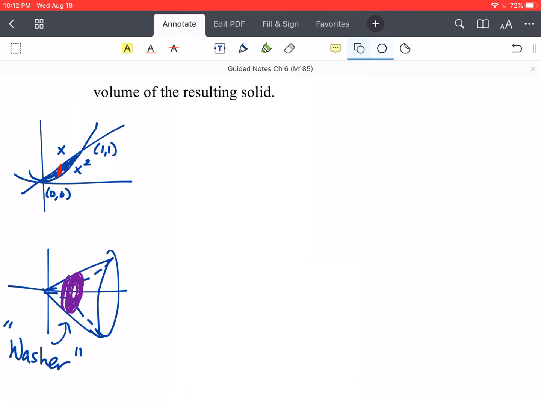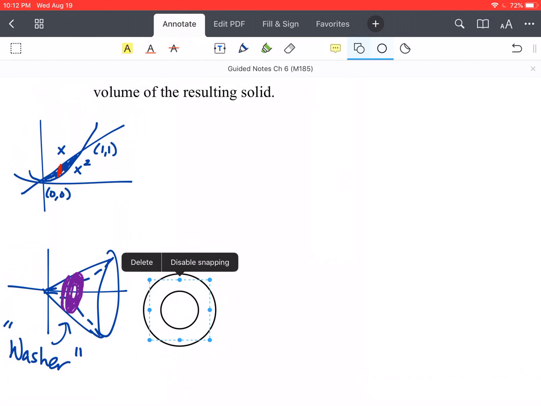Now, that's actually going to be okay for us because we notice, hopefully, that by rotating the outer portion, it gives us a circle, and the inner portion also gives us a circle. So the region in question, let me just highlight it, is this part.